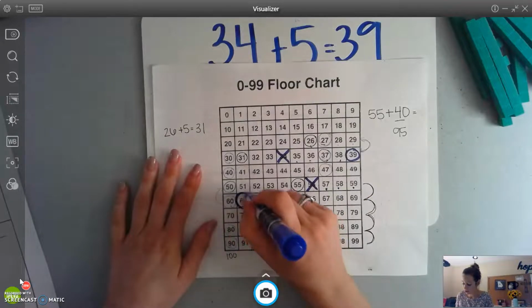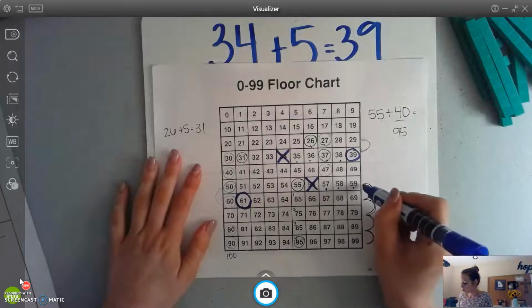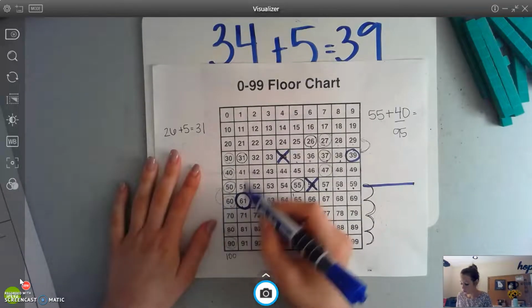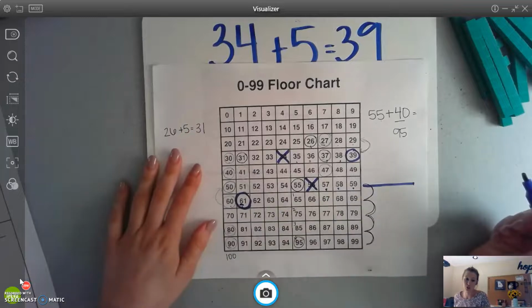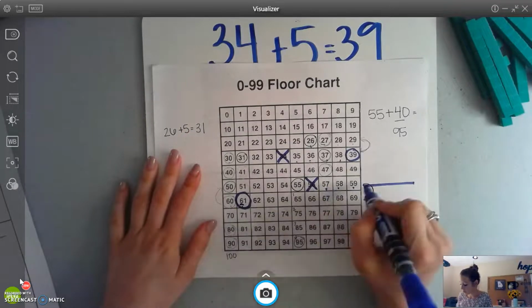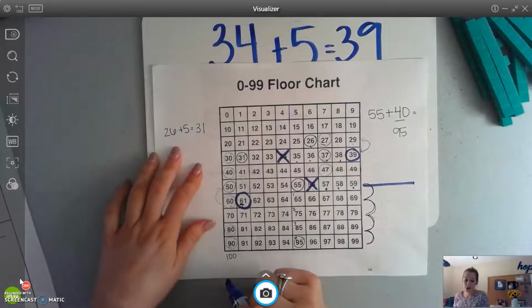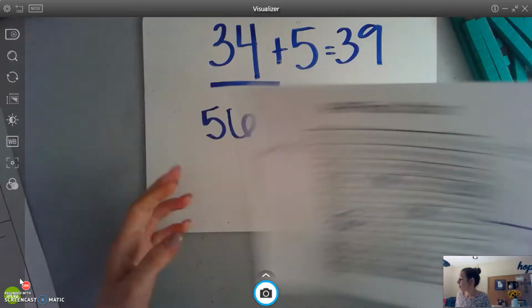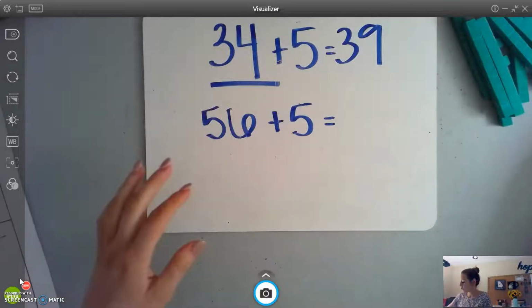Now, your answer is 61. But notice, you didn't just keep going all the way over here. You had to come down to a new row and your tens place changed. All right? So that's okay. You just keep going and counting down to the next row, and that's how you would do it with a 99 chart.